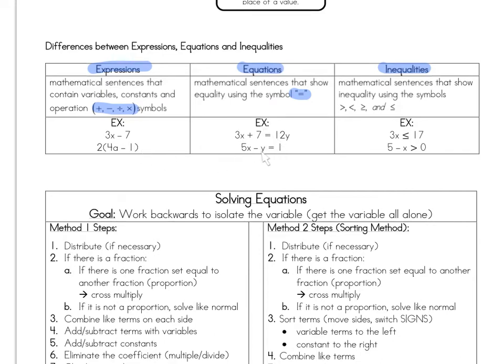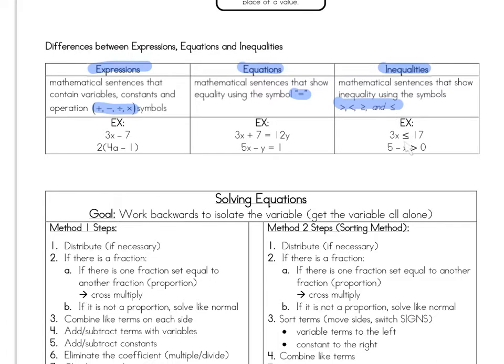Here's an equation, there is an equal sign. And we have two different examples just to show maybe different ways that you could see an equation. And lastly, we have an inequality. An inequality is a mathematical sentence that uses not an equal sign anymore, because that would make it an equation, but rather a greater than symbol, less than symbol, greater than or equal to, or less than or equal to.